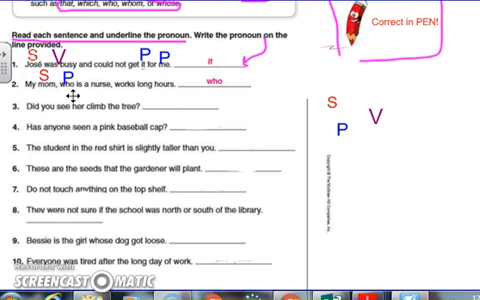Number 6, these are the seeds that the gardener will plant. Number 7, do not touch anything on the top shelf. Pause and mark your answer.